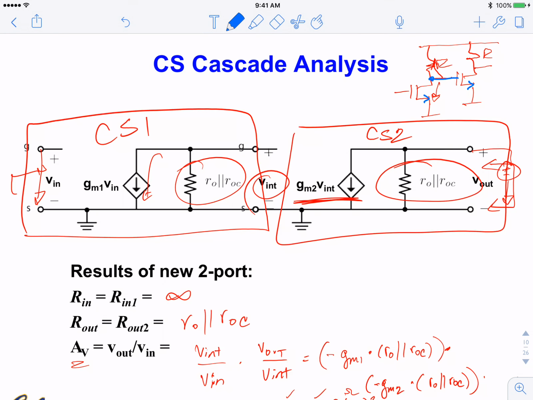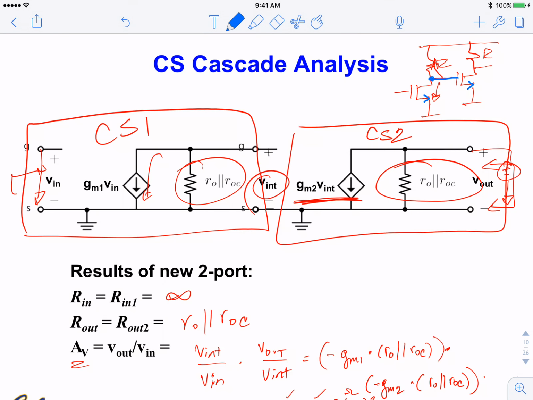Power consumption is always a constraint. So no free lunch. What are the undesirable things here? Bandwidth, yes, bandwidth is a problem.